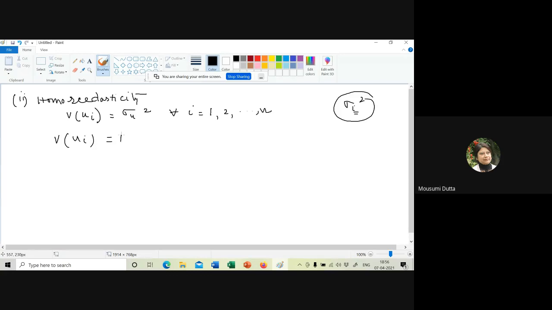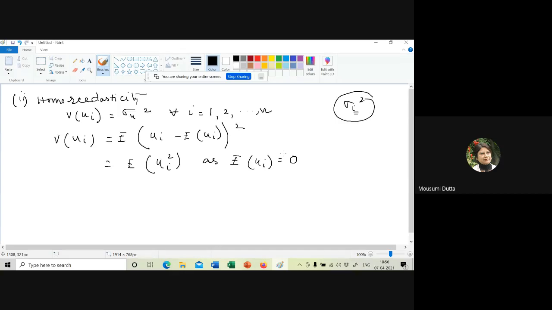Okay. Now, variance of UI is basically expectation of UI minus expectation of UI, the whole square. But expectation of UI is equal to 0 by the first assumption.